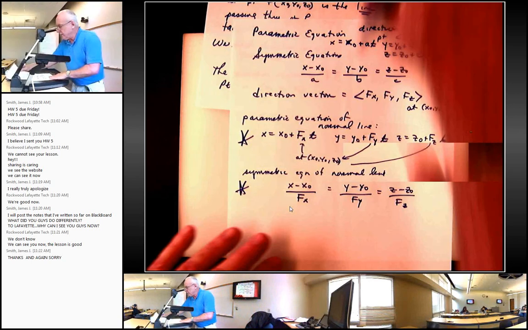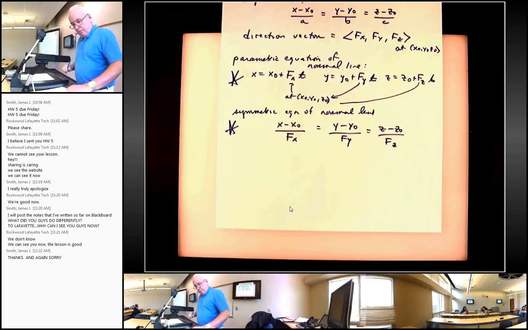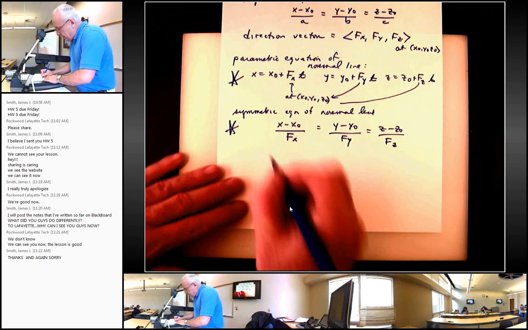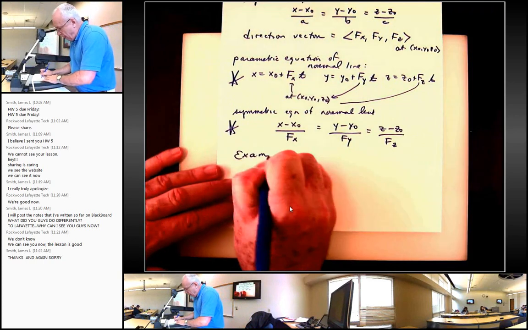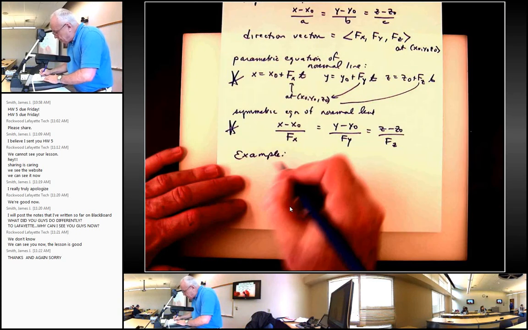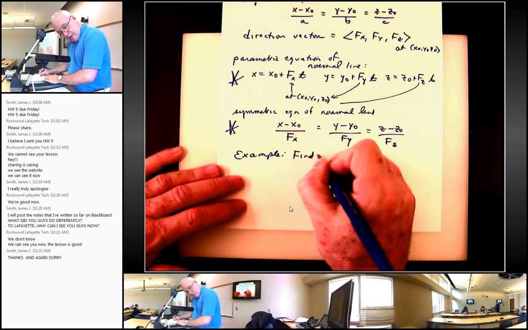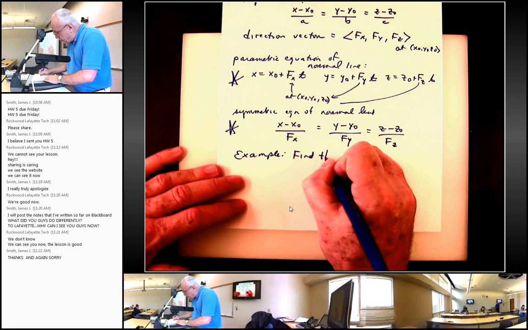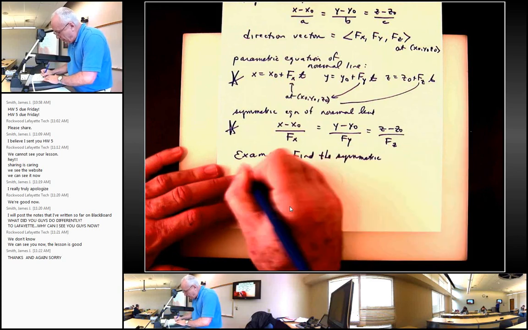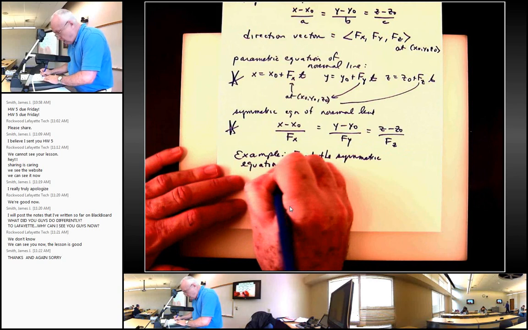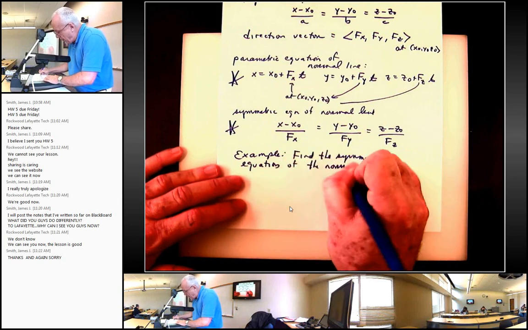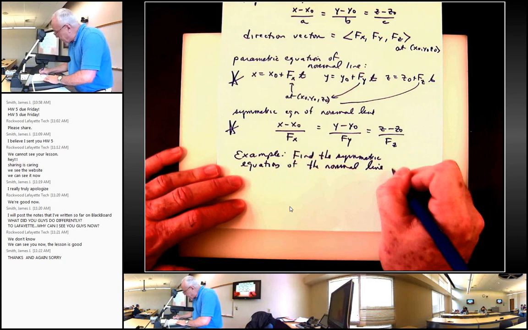And let me do one example of that. I'm just going to utilize the last example that we did. Find the symmetric equations of the normal line in our previous example.